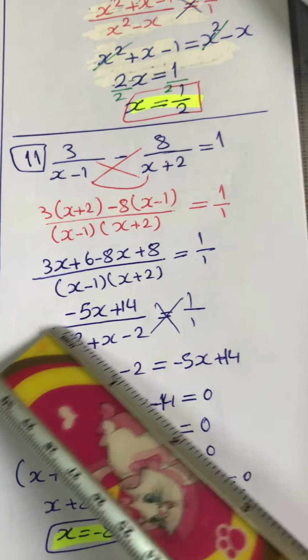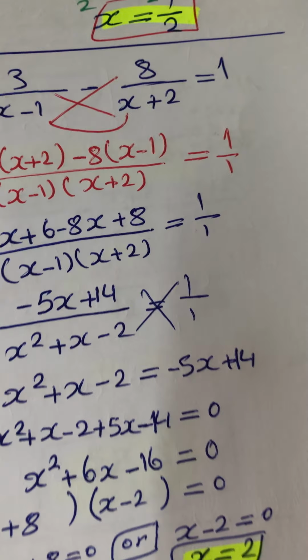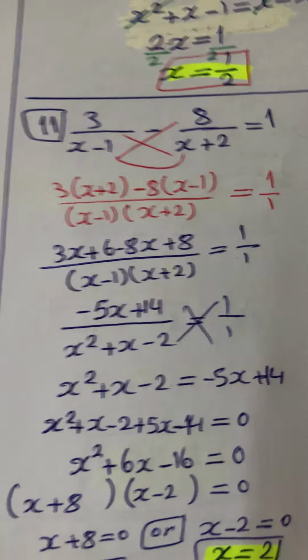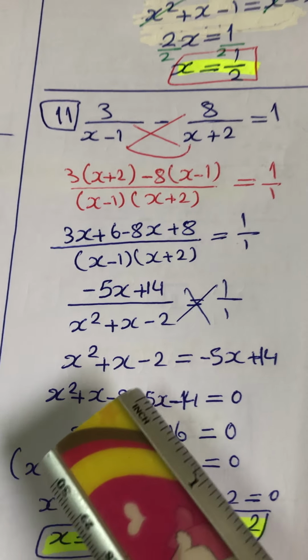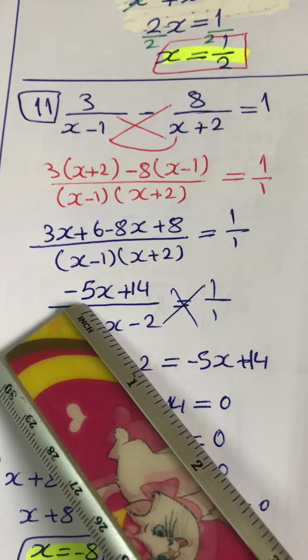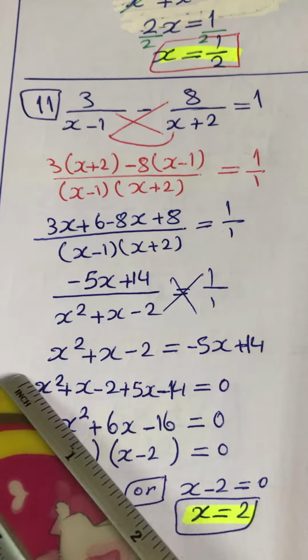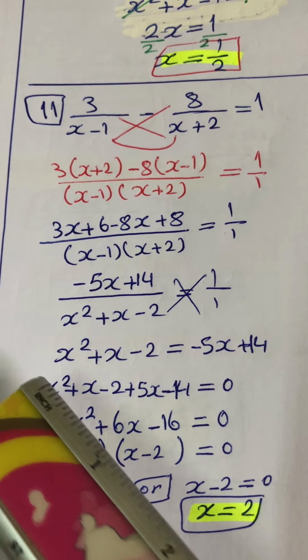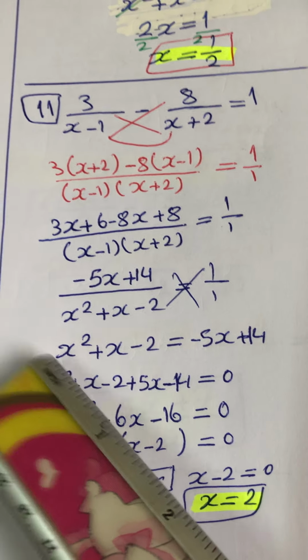I don't have any way to factorize the numerator or the denominator, so make cross multiplication, put them equal. So x squared minus x plus x minus 2 equals multiplied by 1, and the negative 5x plus 14 multiplied by 1. Now collect all the terms on one side, make the equation equal 0 because it's a quadratic equation.